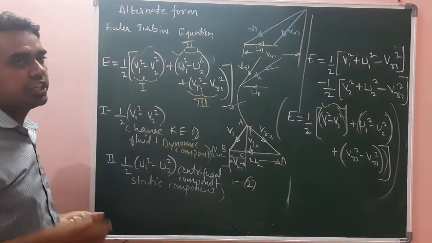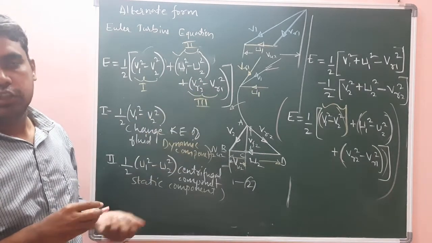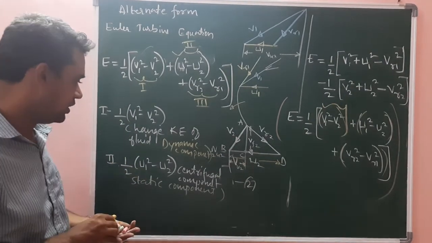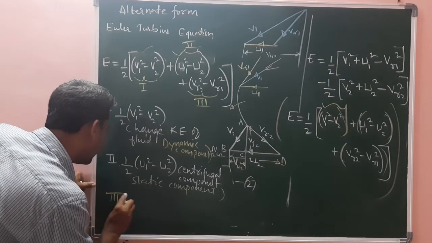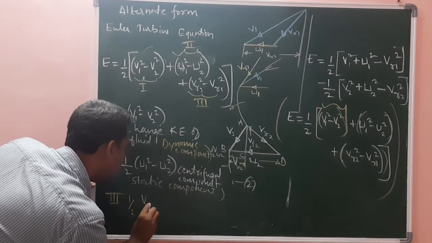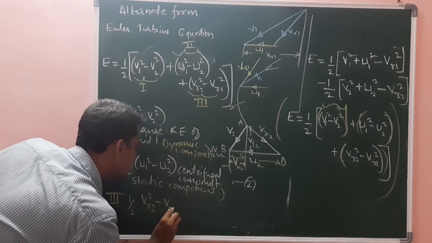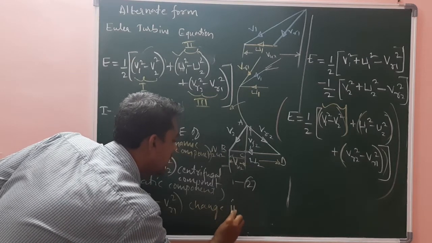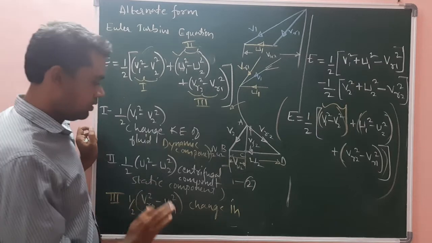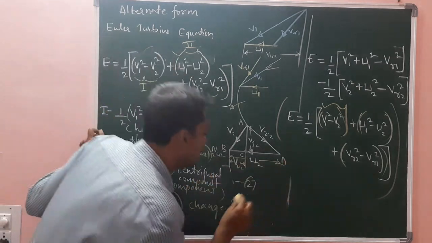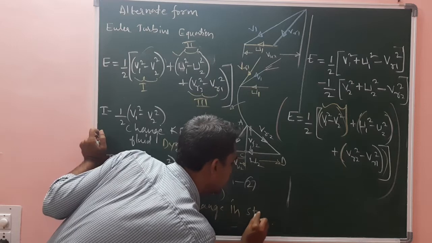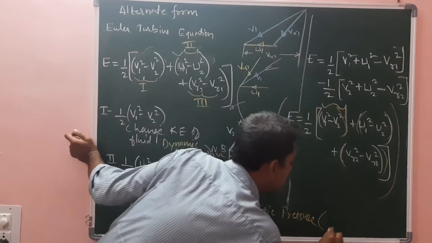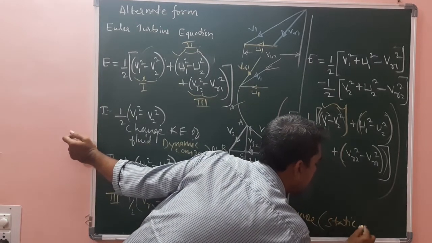The third one is the change in relative velocity. The change in relative velocity is due to the static pressure drop. Therefore, the third component is 1/2 (Vr2² − Vr1²). It is due to the change in static pressure, so it is also a static component.